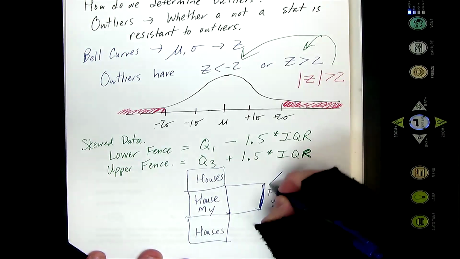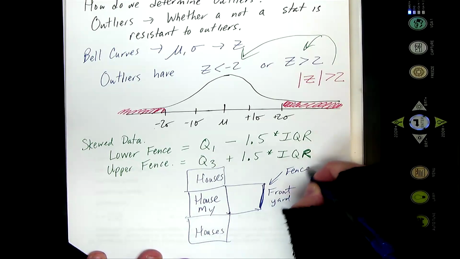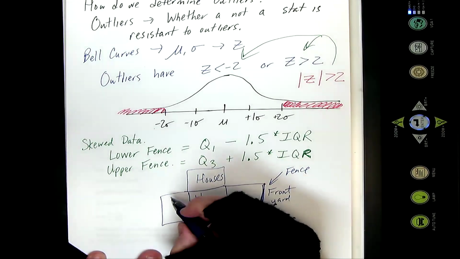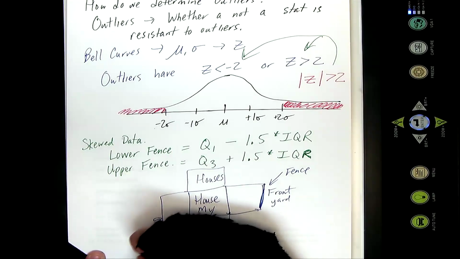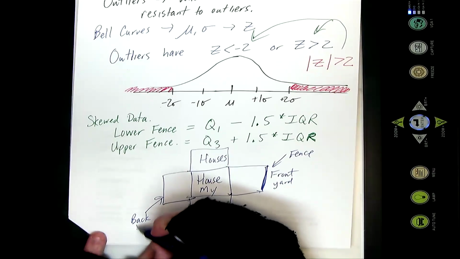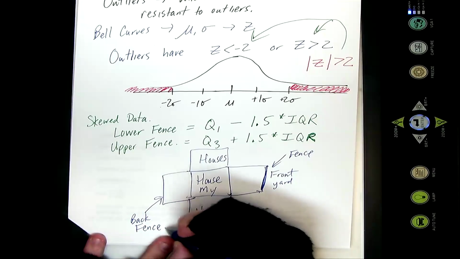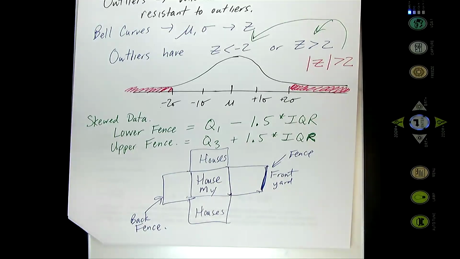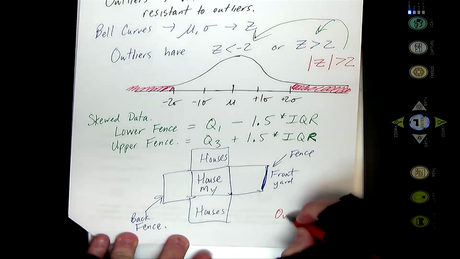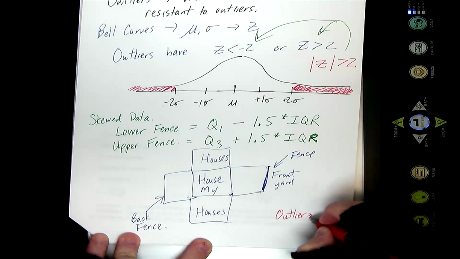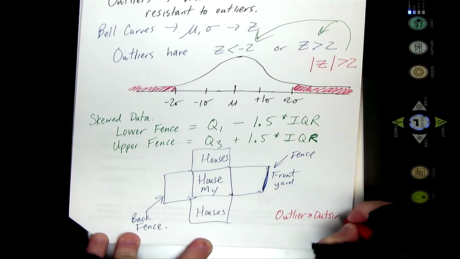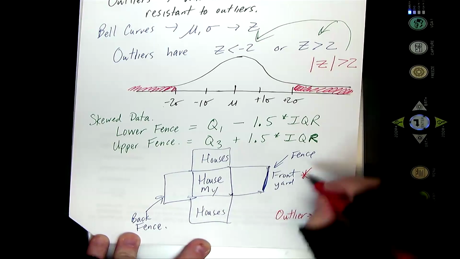That's my fence. And I've got a backyard, and I've got a back fence. An outlier, in terms of property, is effectively an outsider, someone outside your property.